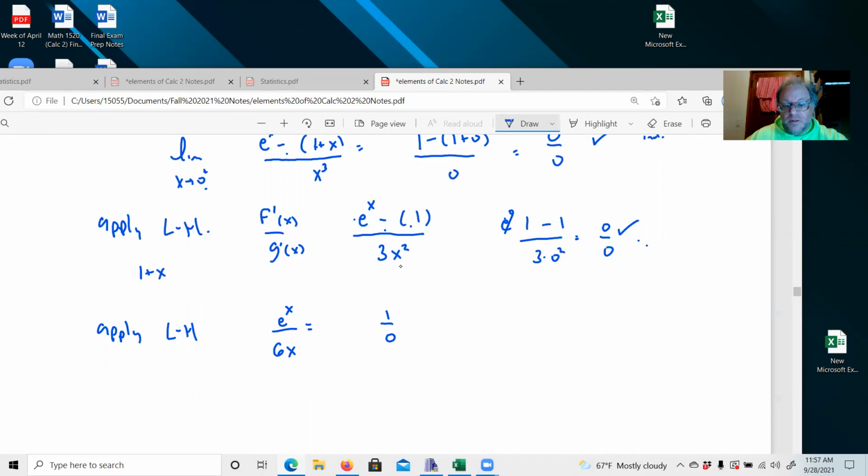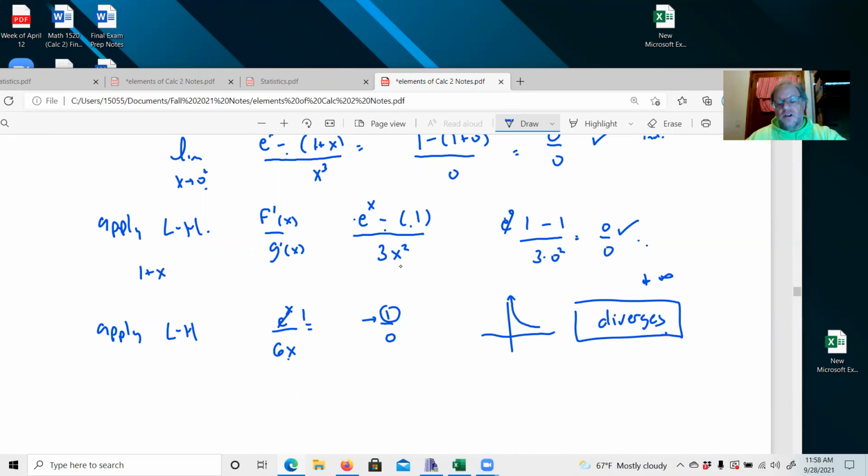So what we're looking at is the limit of e to the x, which is a finite value, over the limit of 6x as it goes to 0 from the right, which is going to be an infinitely small value. So this thing diverges. Actually, we could say it goes to positive infinity because we can see what the graph of 1 over 6x looks like. That diverges to positive infinity.